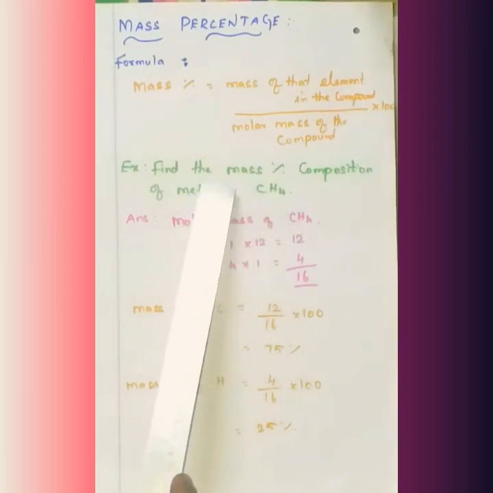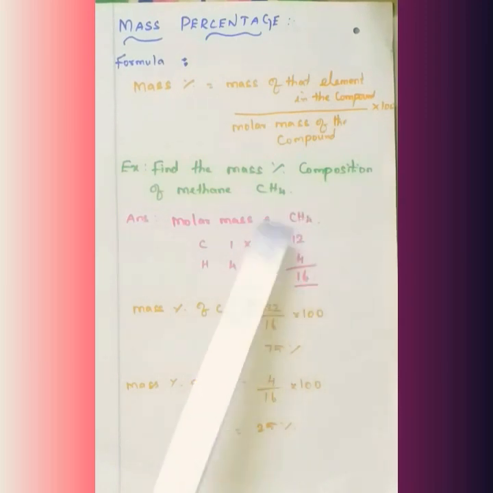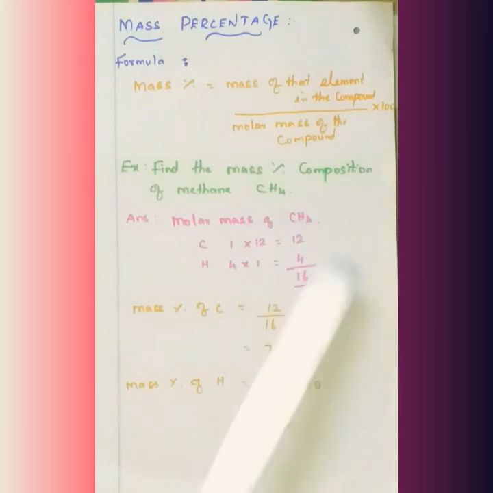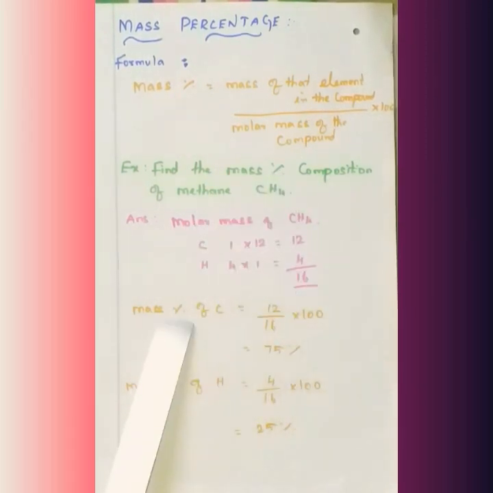Because the question is to find the mass percentage composition of methane, which means carbon and hydrogen. Here there are 4 hydrogen, so 4 divided by 16 into 100. If we simplify this, we get 25%. So this is the answer: mass percentage of carbon is 75% and mass percentage of hydrogen is only 25%. Next example.